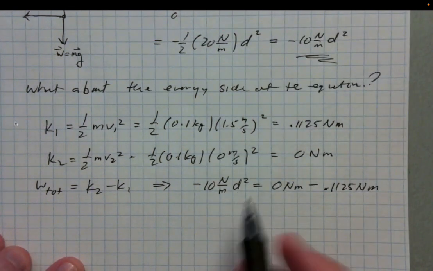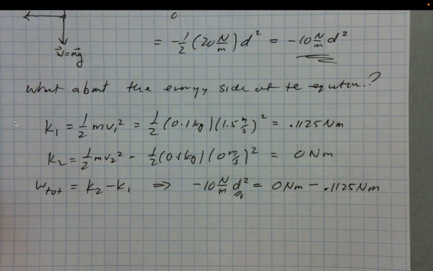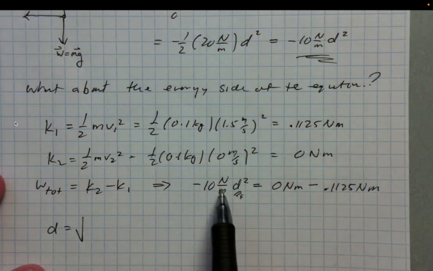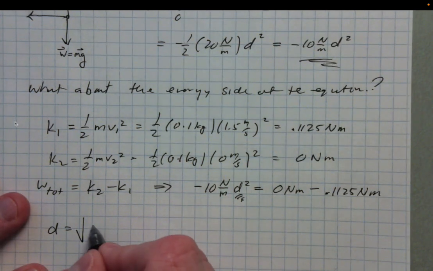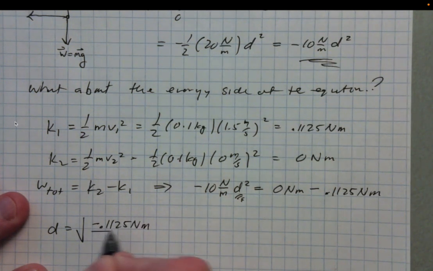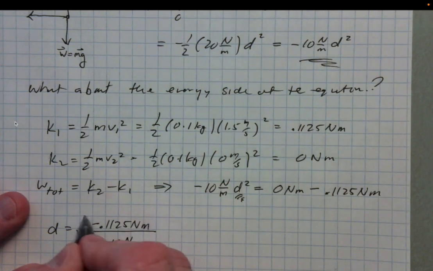Okay, so remember we're trying to find D, so we can just solve for D. D is equal to the square root of this thing divided by negative 10. So negative 0.1125 Newton meters divided by negative 10 newtons per meter.